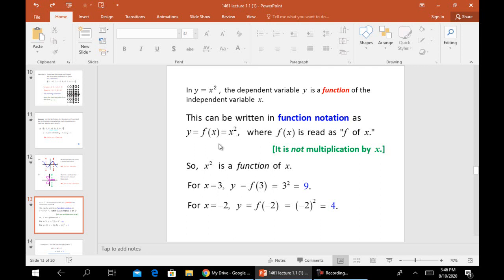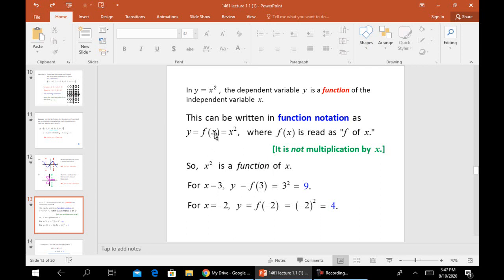So a lot of the times we express a function using a formula. When you have a function, you can think of that as an input-output process. So if you are defining a function, then you have to say for a given input, how do you calculate the output?